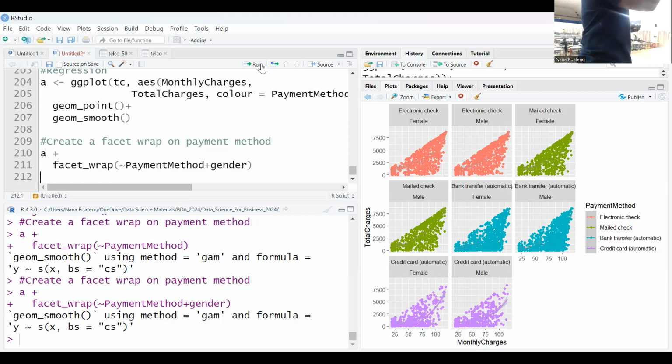Create a pattern. Yeah, you can. And gender, yes. Okay.